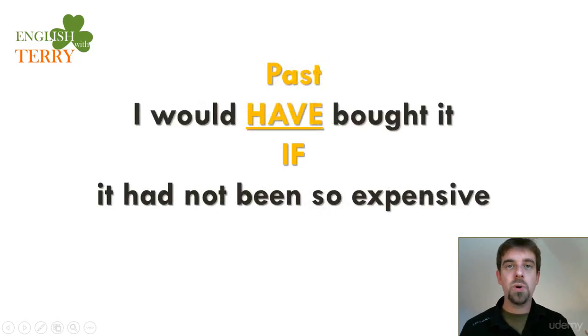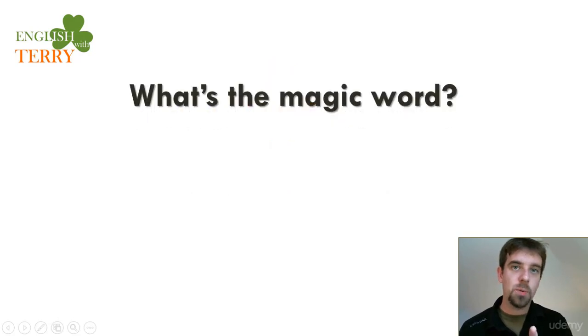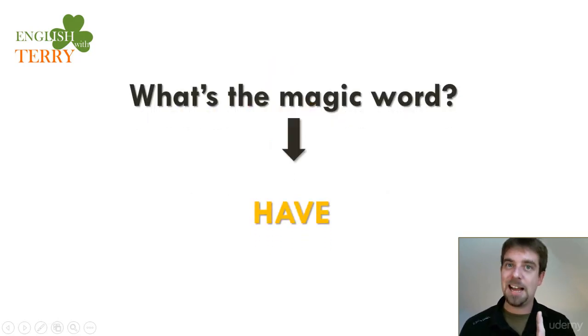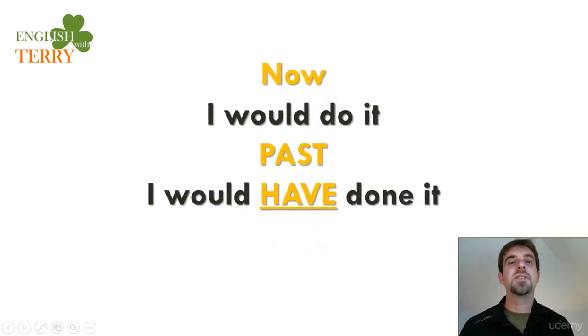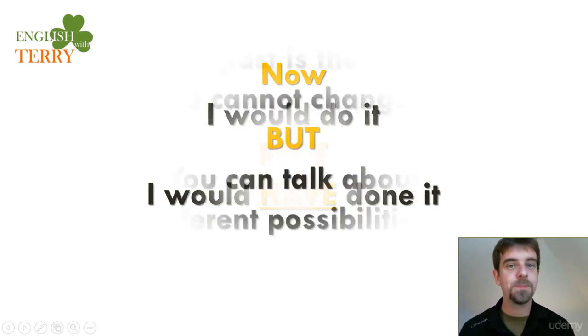If you say, I would have bought it, I go, okay, it's a past moment, a before, not talking about now. Very important. What's the magic word? Have. So now is I would do it. Past, I would have done it, right?